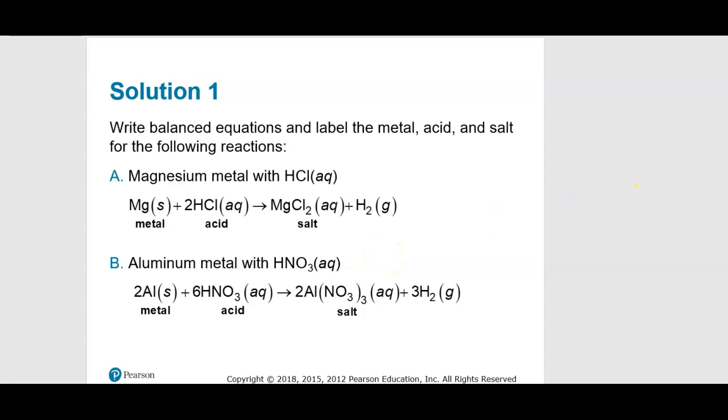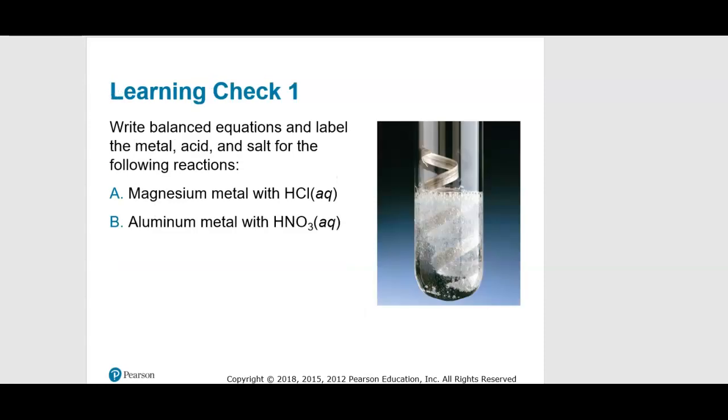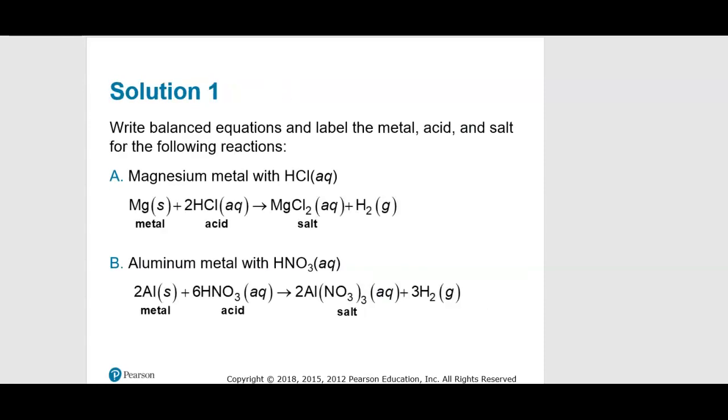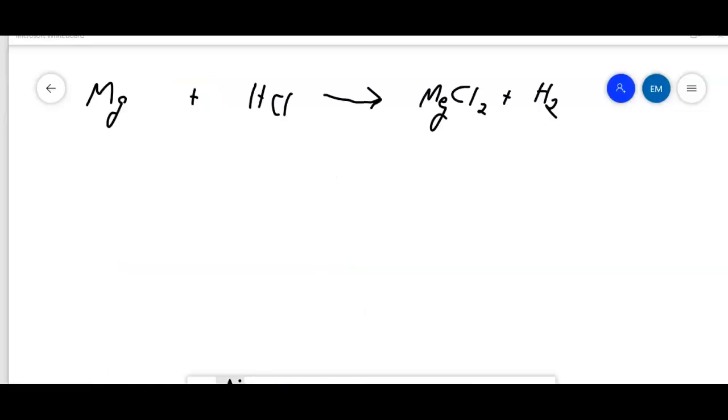So let's go ahead and balance this. They were telling us to balance the reaction where there's not a slide actually doing this. You're starting out with magnesium reacting with hydrochloric acid, and I don't have these labels here for solid and aqueous and gas and so forth.